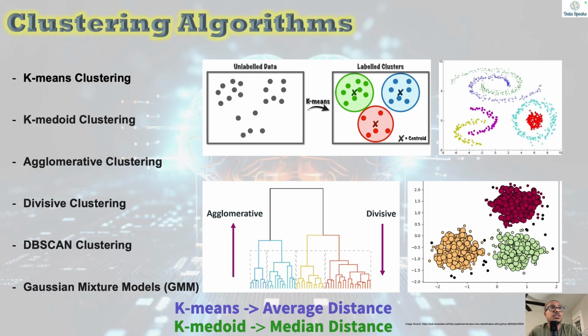K-means works based on the average distance of the data points to the cluster centroid, whereas k-medoid clustering works on the median distance from the data points to the cluster center. When it comes to outlier situations, k-medoid clustering outperforms k-means clustering, but k-means clustering is really powerful as well.